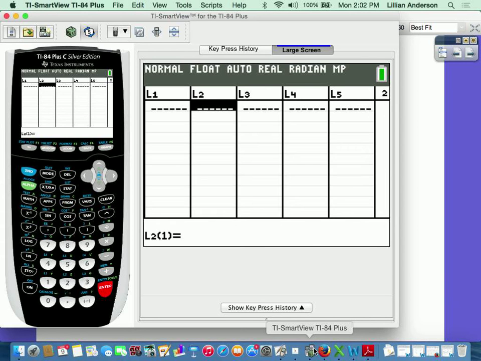We've got to use our table here. What do you think I want to plug in L1? The distances. So go ahead and type those distances into your calculator.